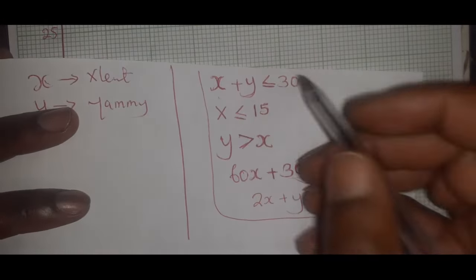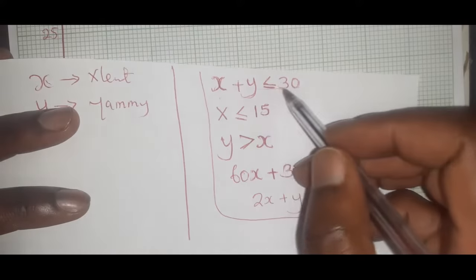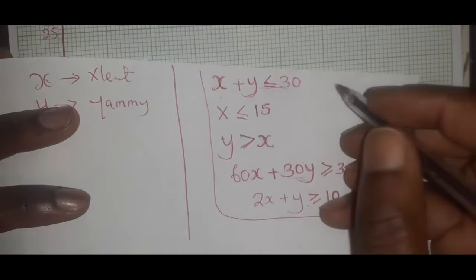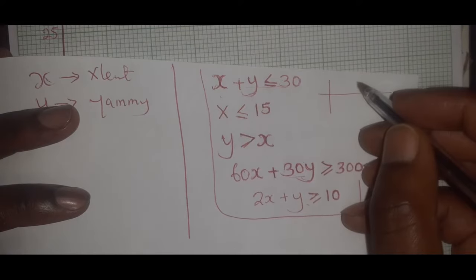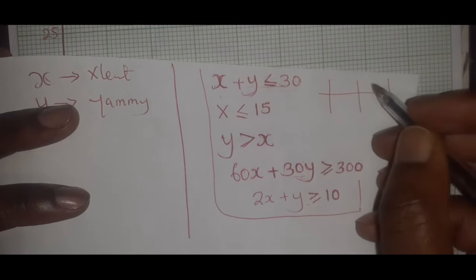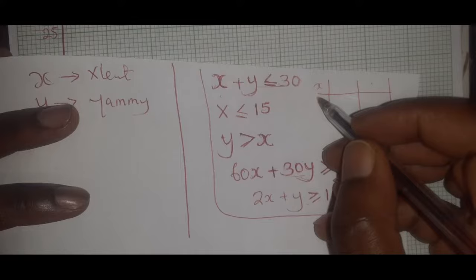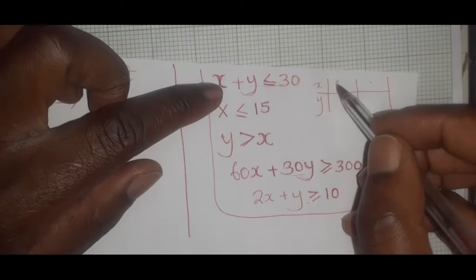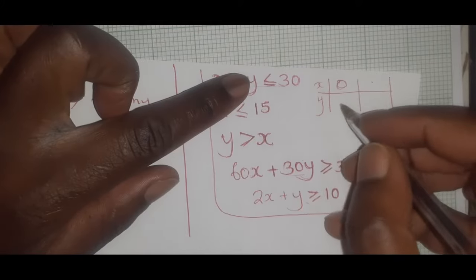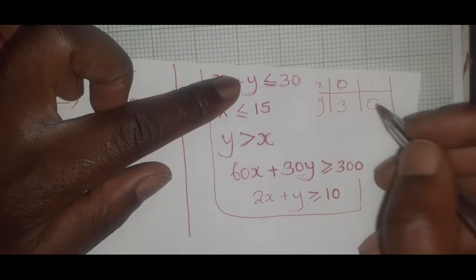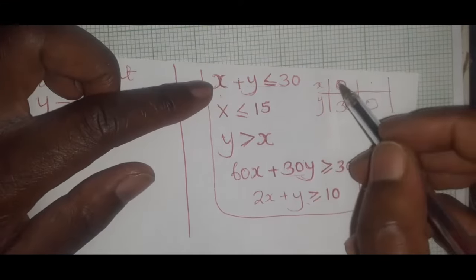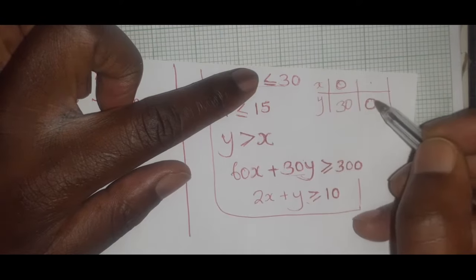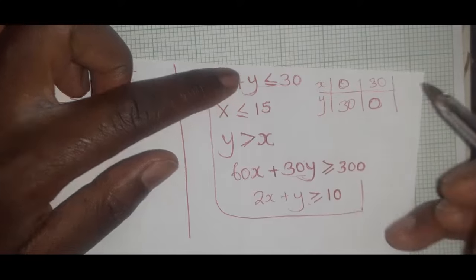So maybe we can start with this one. Where we have x and y, we have to come up with the table x and y. When x is equal to 0, y will be 30. And when y is equal to 0, then x will be 30.